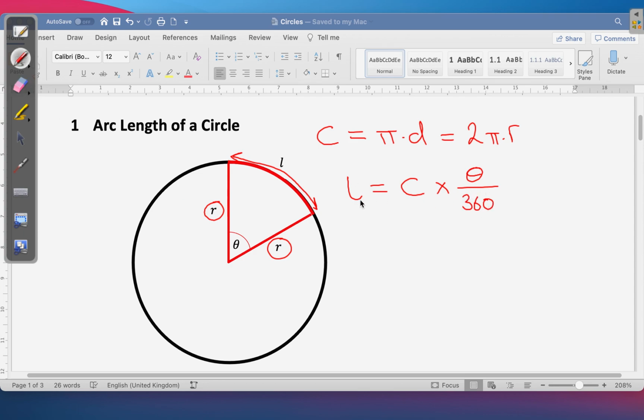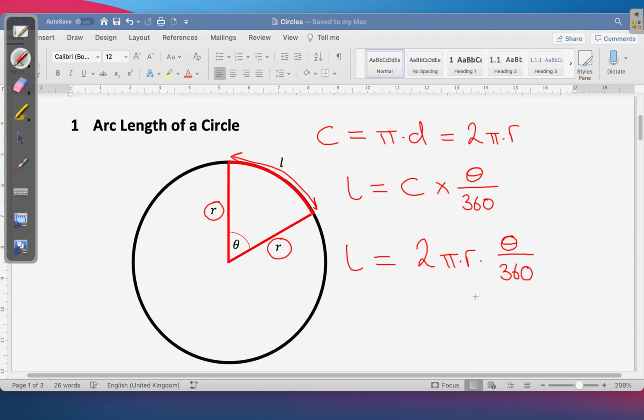So if the arc length is the circumference times theta divided by 360, we can replace the circumference with 2 pi r. So the length is equal to 2 pi r times theta out of 360.